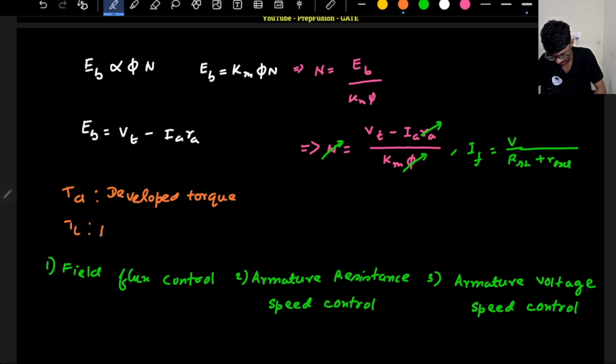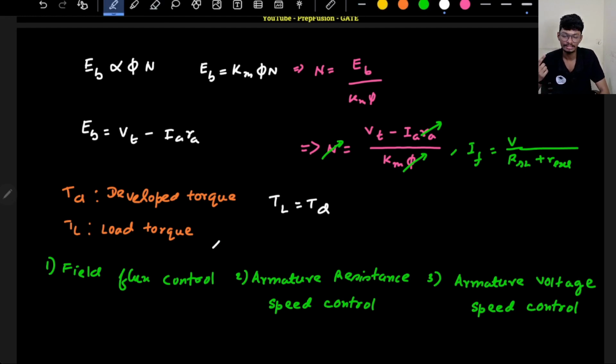And TL is the load torque, that is the torque that the load wants. We have already discussed that in steady state, when the load torque equals the developed torque, the machine will rotate at constant speed.